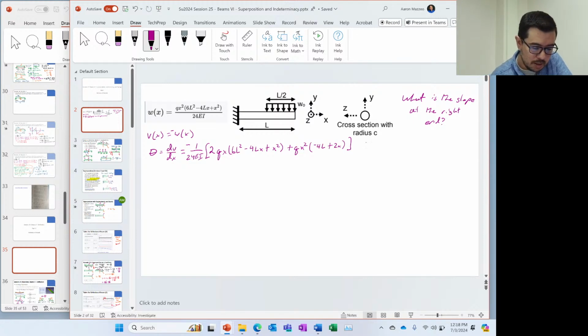So just to be clear, this is now the slope as a function, and if it's q, then actually this we will define now using our convention v positive. Okay, is that clear?